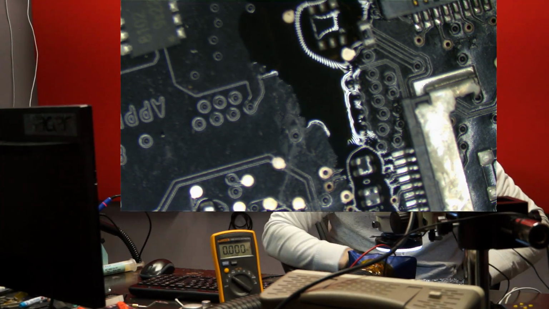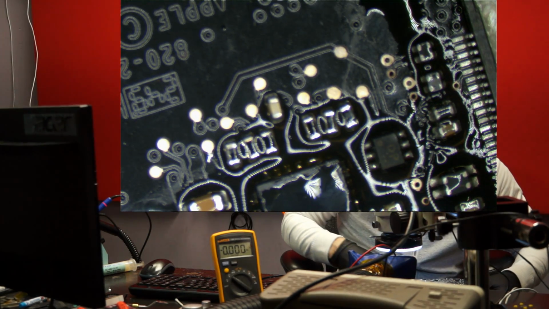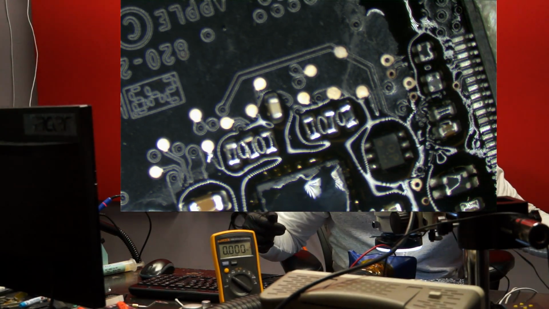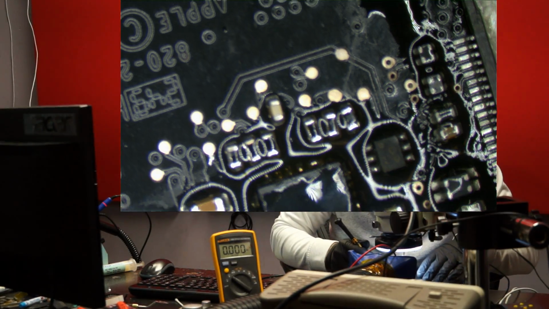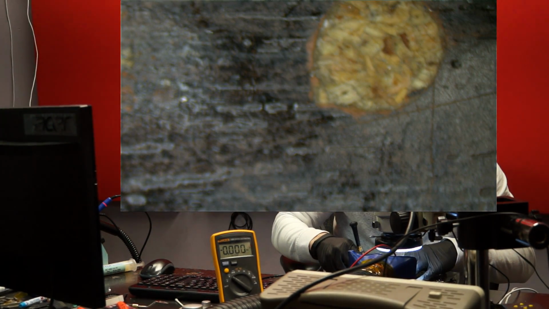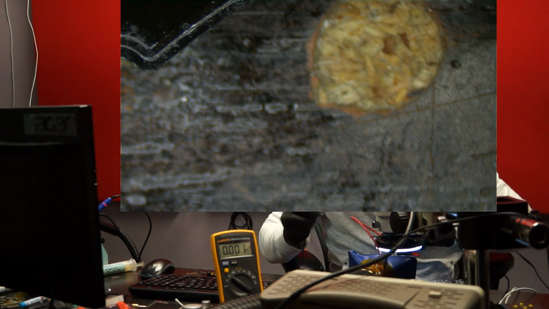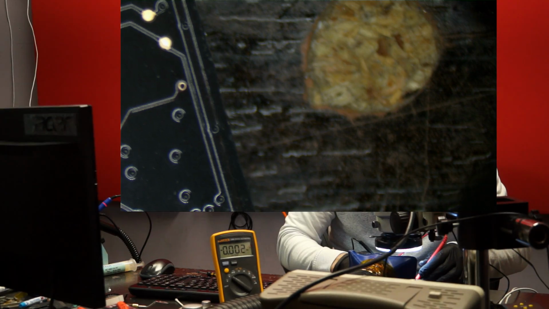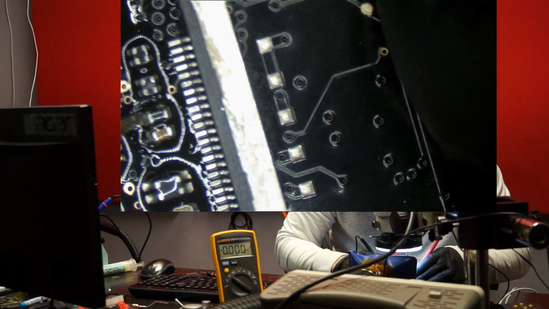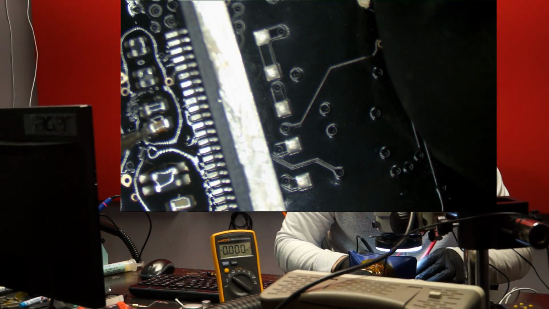Okay, now plug it back in. Nice firm press there to turn it on. Boo.